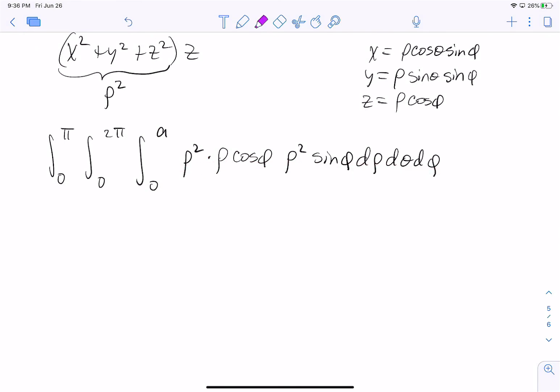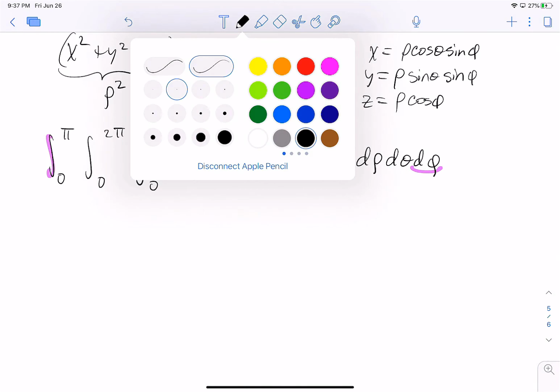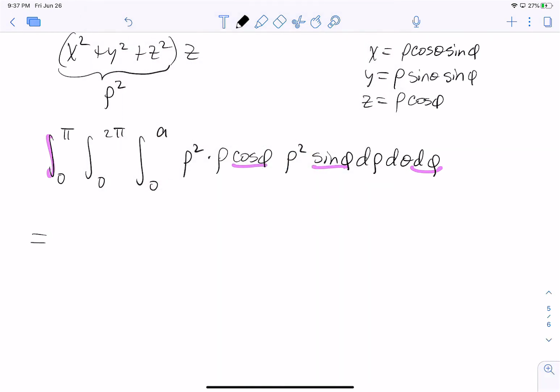I'm going to try to be careful here. We have d phi as the outer one. That's the integral from 0 to pi. And we have a cosine of phi and a sine of phi in our integrand. So our first integral is going to be from 0 to pi of the cosine of phi times the sine of phi d phi. Next we have d theta.